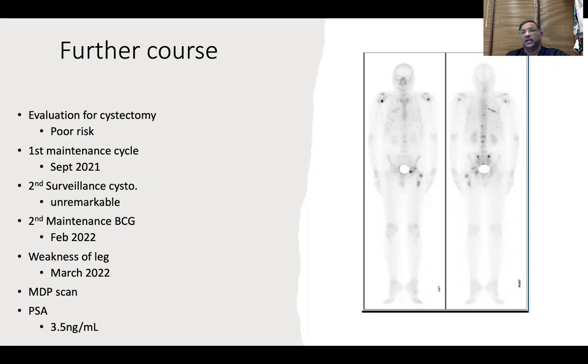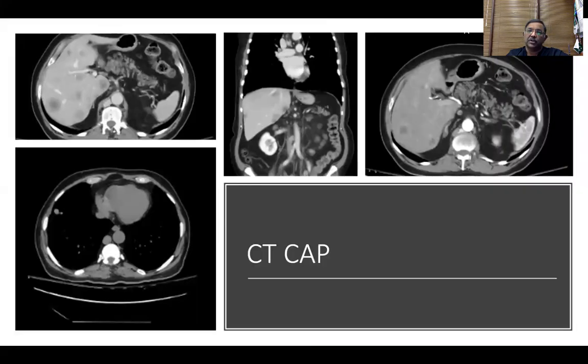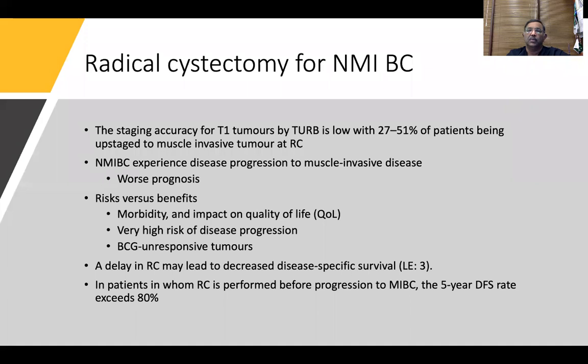His bone scan indicated multiple bony metastases. His PSA was normal. We were wondering that there may be a concomitant prostate cancer. However, it was bladder cancer, which has metastasized. A CT chest, abdomen and pelvis was done, and as you can see, there is a lesion in the lung. There are multiple lesions in the liver, and he is going for palliative chemotherapy.